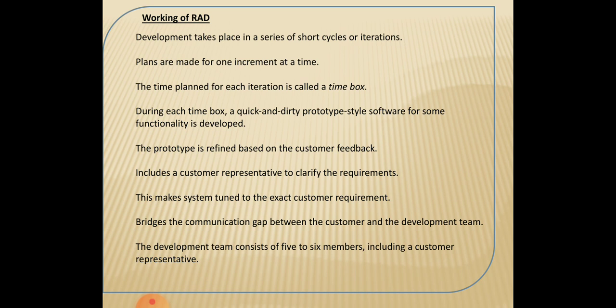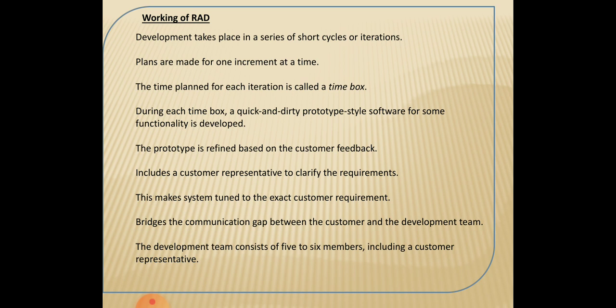The time planned for each iteration is called the time box. Each iteration is planned to enhance the implemented functionality of the application by only a small amount. Only a small amount of functionality will be developed each time with a certain amount of planning.